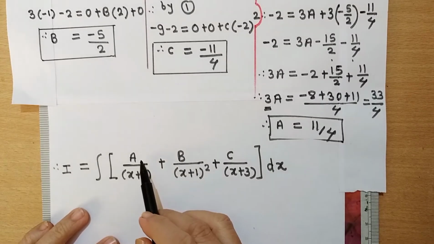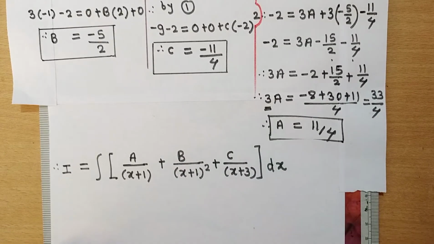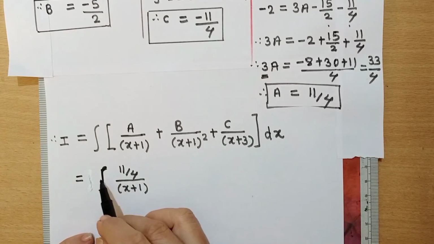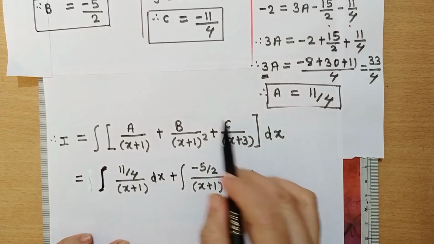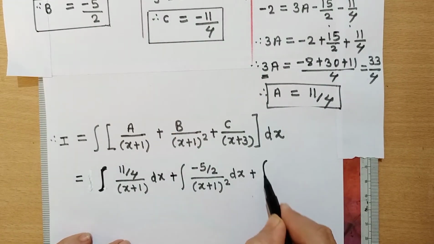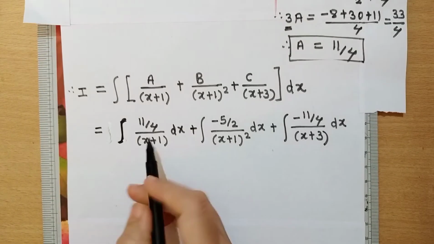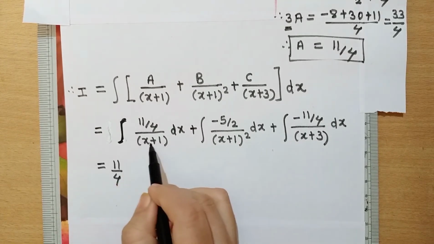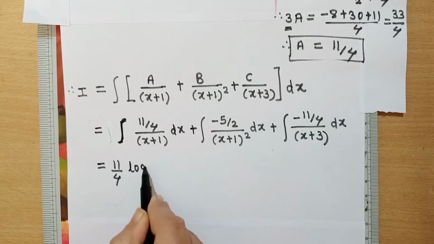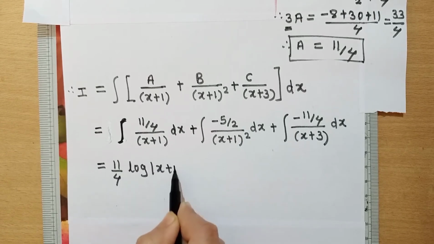Now here we will substitute the values of these three constants, and we will write the integration symbol separately also, and C is minus 11 upon 4. So now 11 upon 4 we will take outside, and its answer we know, which is log of mod of x plus 1.